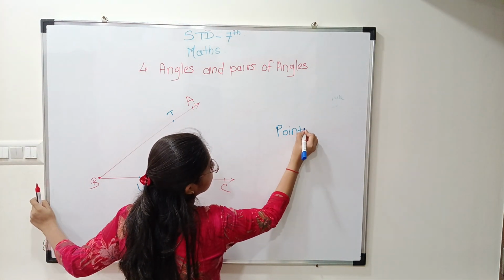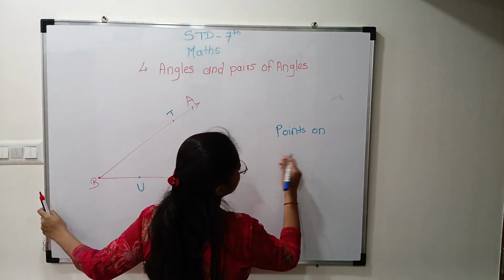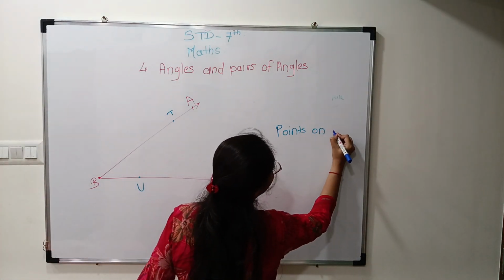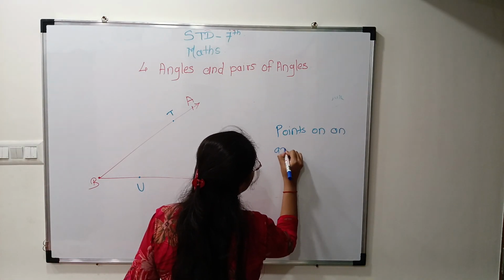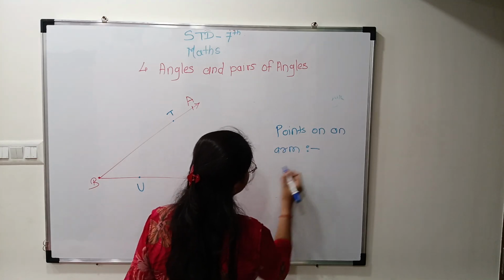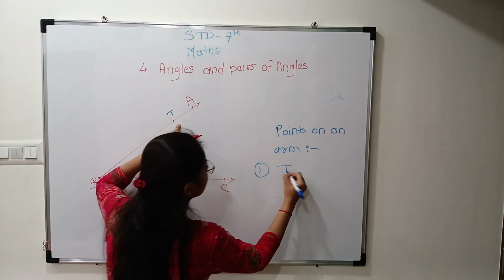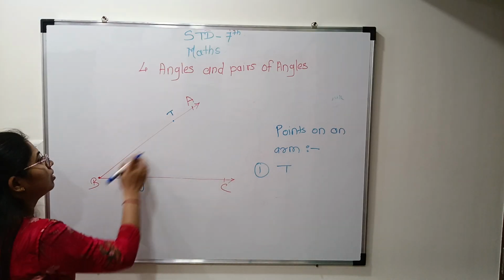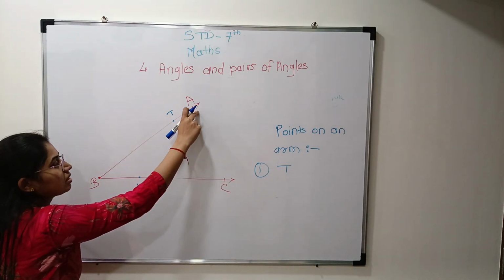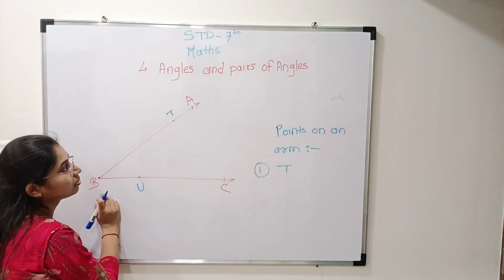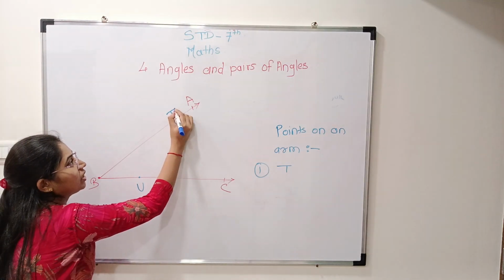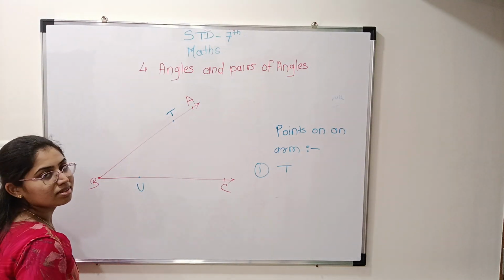So now tell me points on an arm. First point, T. See here, this is arm AB and this point T is situated on this arm.